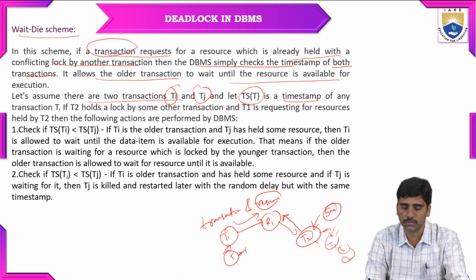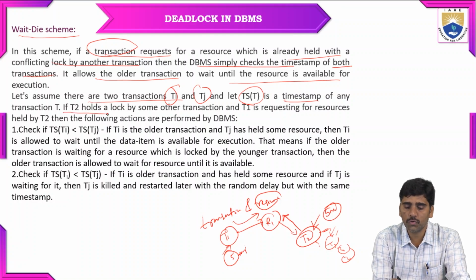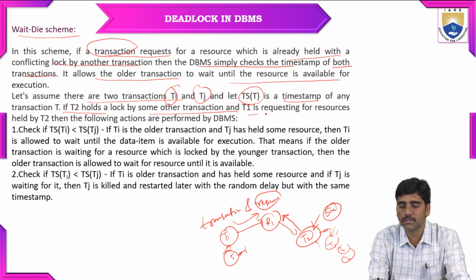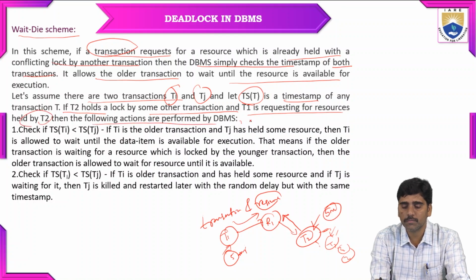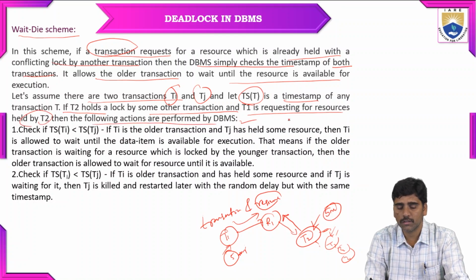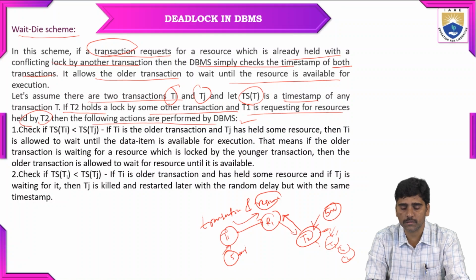So if T2 holds a lock and T1 is requesting a resource held by T2, then the following actions are performed by the DBMS. What are the actions to be taken by the database management system?